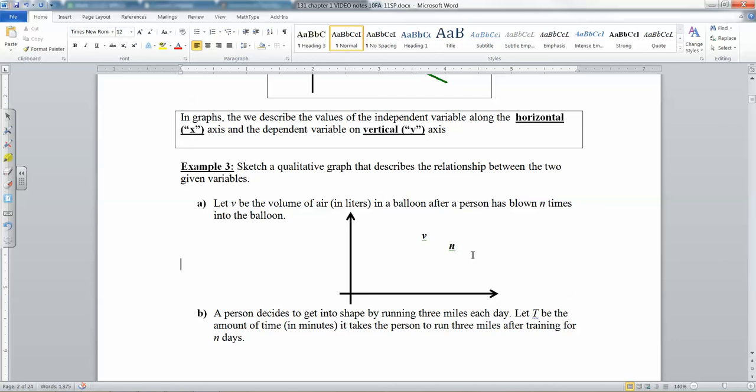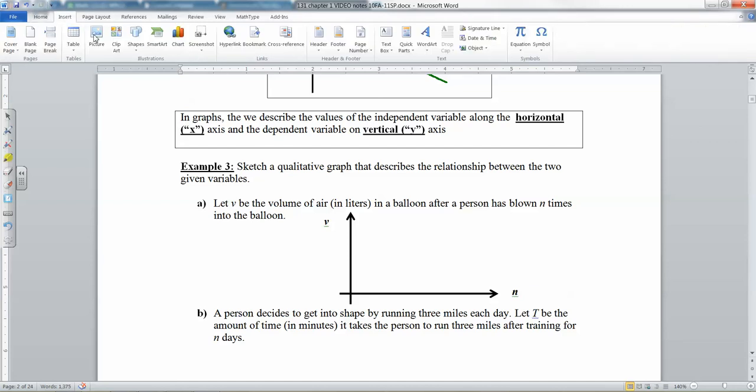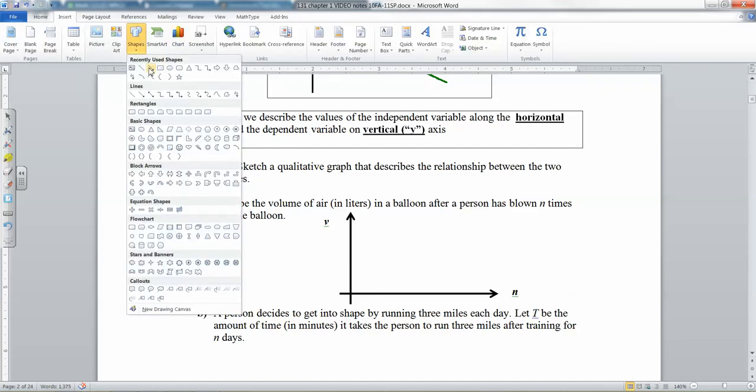So when you haven't blown into it at all, your volume's going to be really low. And then as you blow more and more air into it, it's going to increase your volume. Now, it won't be a perfect line, but I'm going to draw it as if it is, just for the sake of my own sanity.